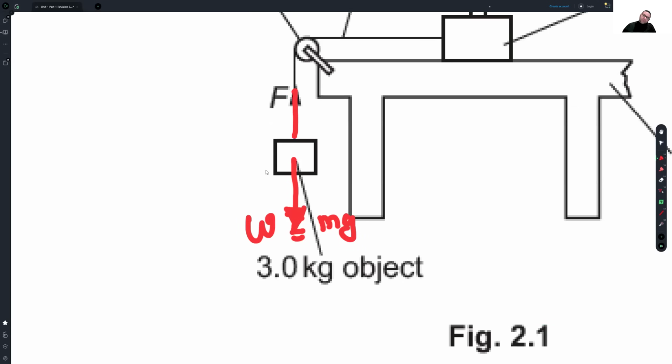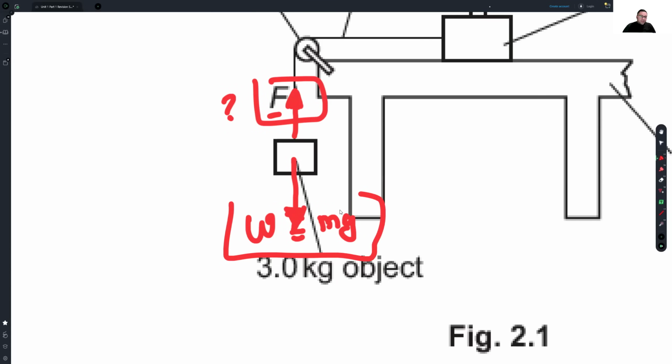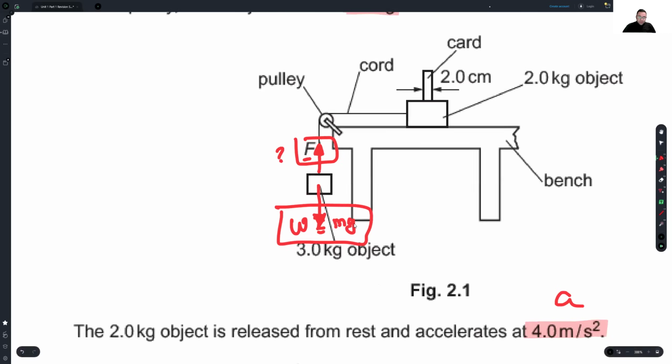And that upward force F. I don't know what that upward force F is, right? You might say, it's 8. No, we don't know if it's 8. But what I do know is that the weight is greater than F. How do I know that? Because isn't that object accelerating at 4 meters per second squared?